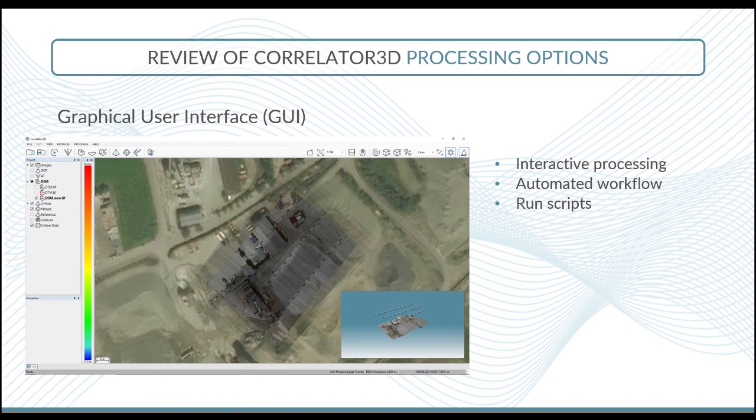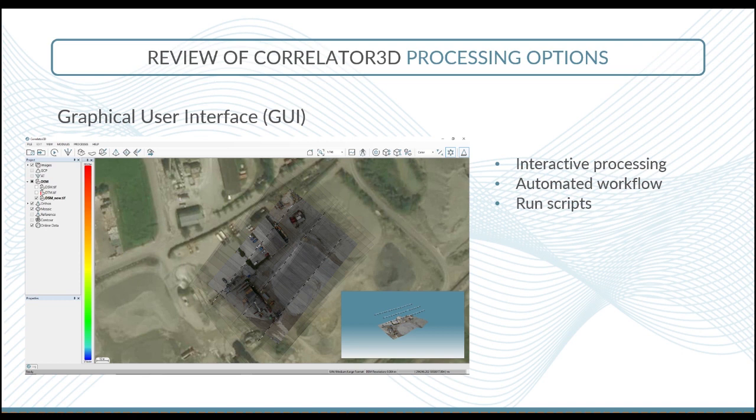So let's first discuss the different options that we have in Correlator3D to process a project. The first one, obviously the one that most people are using, is the graphical user interface. You can process a project interactively in the interface and use all the modules, manually set your parameters, do a quality check on screen in the mapping view.